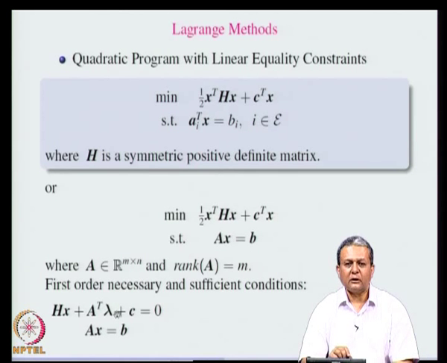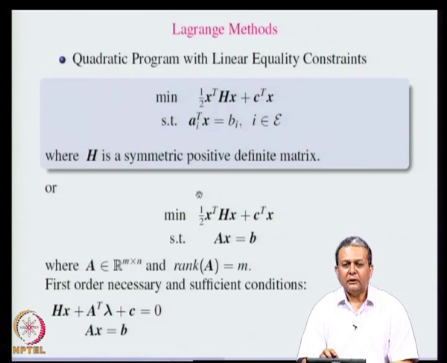We intentionally use the multiplier lambda here, because in the course so far we have always used mu as the Lagrangian multiplier corresponding to the equality constraint, but when we discuss quadratic programs with linear equality and inequality constraints, this notion of lambda will be useful. So, we continue using lambda for the equality constraint problem.